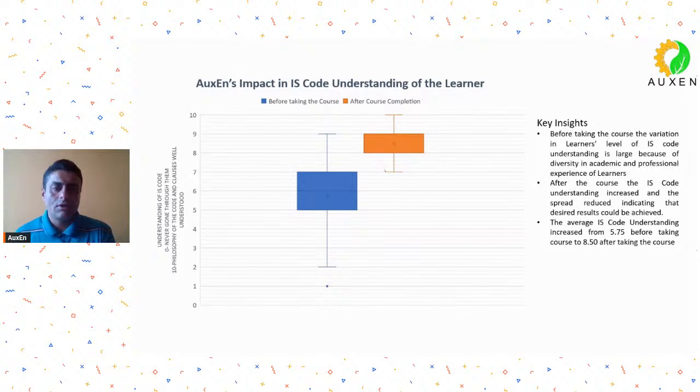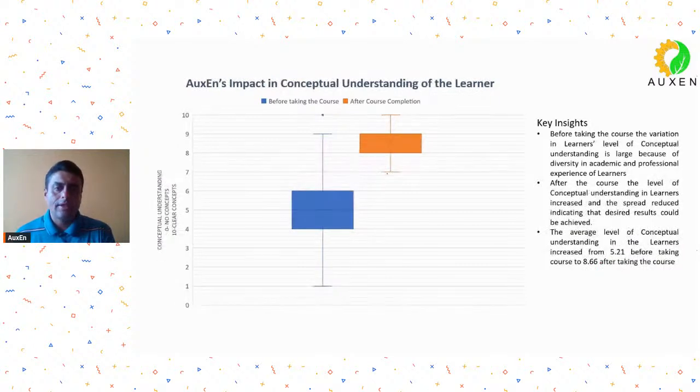When we asked about the impact of our courses on codal understanding, you'll again see the overall impact is positive, with values going from 5.75 to 8.5 in the average proficiency level for codal understanding.